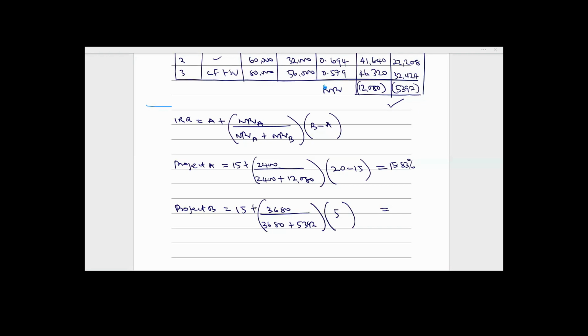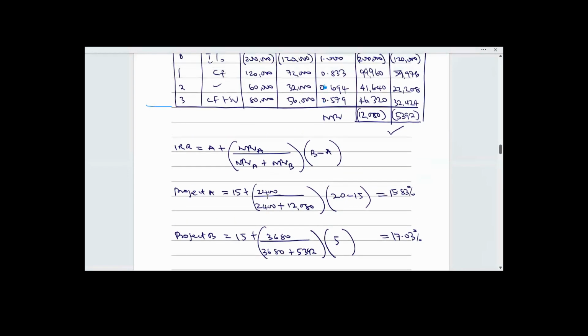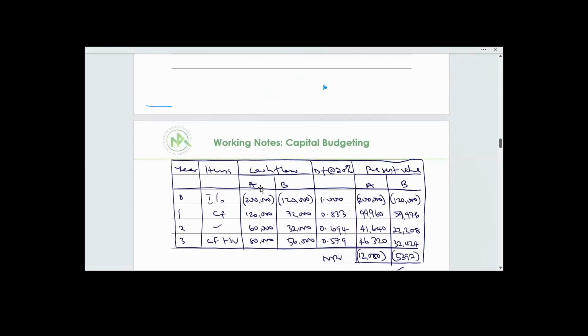Let me redo it. 3,680 divided by 9,072 equal, multiplied by 5 equal, plus 15 equal 17.03. Here is 17.03%. So we just completed the calculation of internal rate of return.